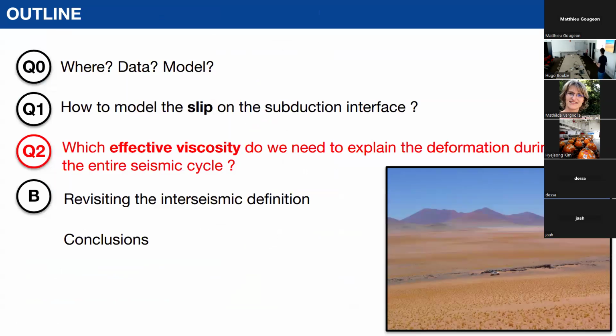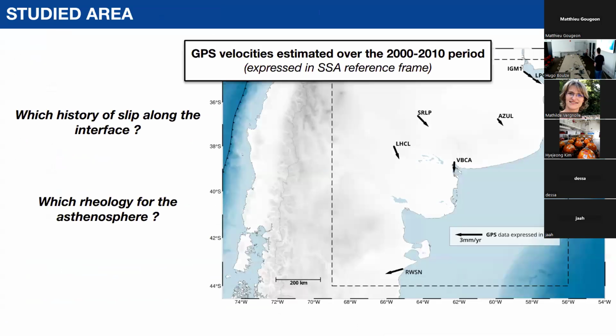So now we know how to model the slip along the subduction interface. And the other question is, what rheological model do we need in the asthenosphere to make the link between what is occurring on the subduction plane and the GPS deformation? So here you have an example before the Maule earthquake, which is here, 2010.